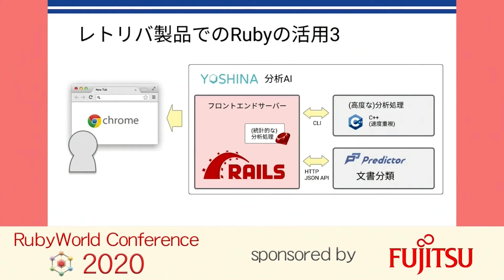Next is the example of another product, which is today's topic, that is Yoshina. In the backend, the sophisticated analysis processing is done with C++ with a priority on speed, and Predictor is used in the backend for the classification of documents.